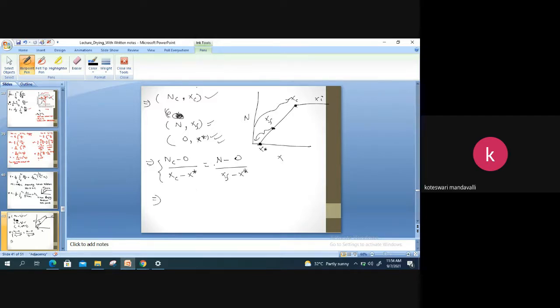So now N is equal to Nc into, N minus zero, X minus X star divided by Xc minus X star. See, now I got the relation between X and N. N is equal to Nc into (X minus X star) divided by (Xc minus X star).